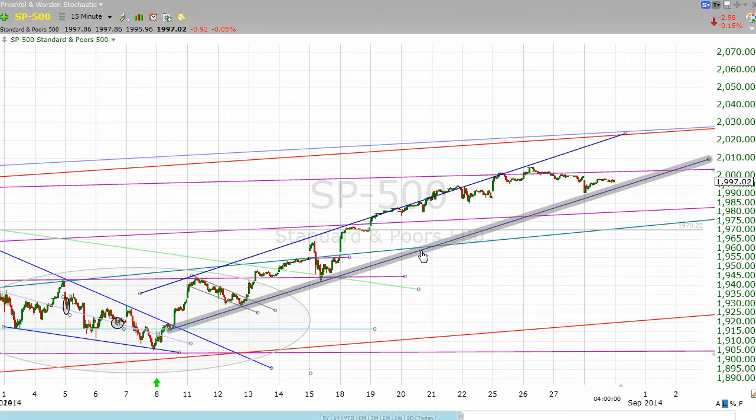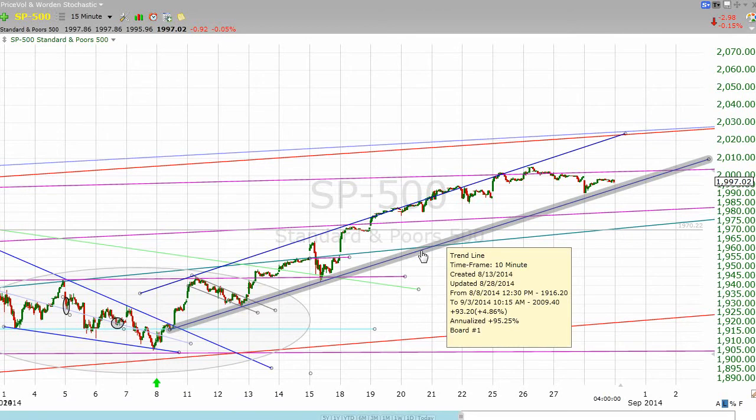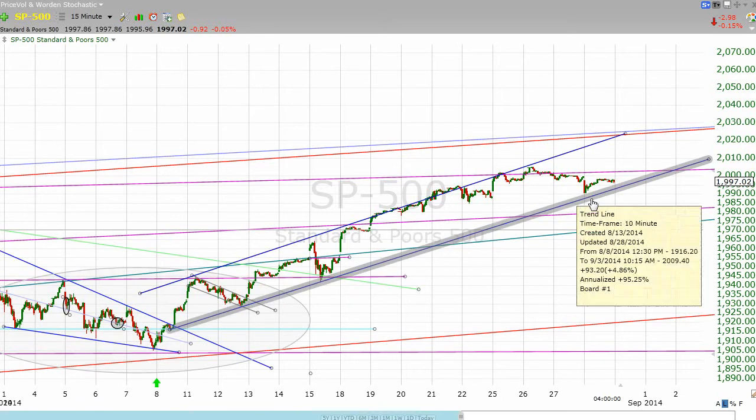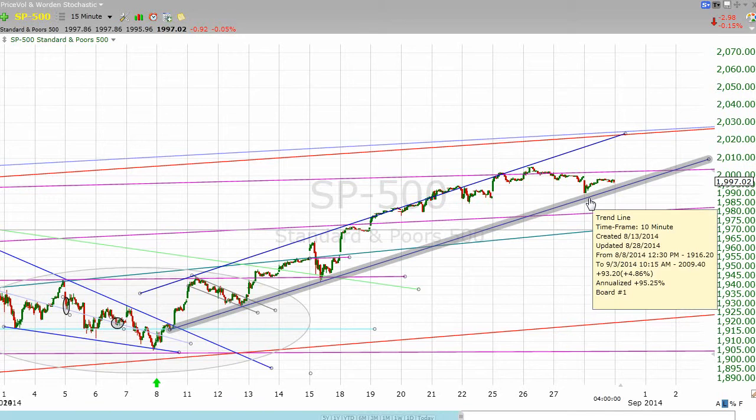And that's what I'm going to do with this bottom support line. It's defined by these 2 points back here that are only 2.5 days apart. But we have a span of about 8 days before we get to today.